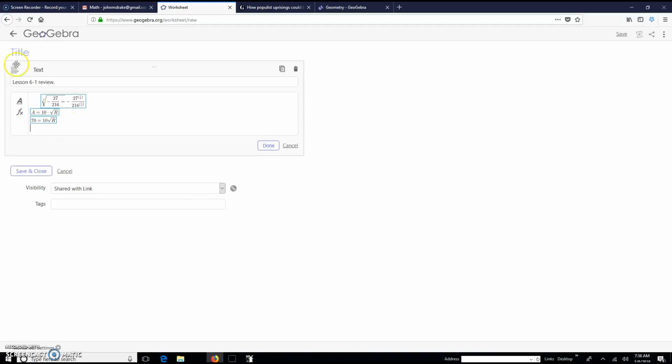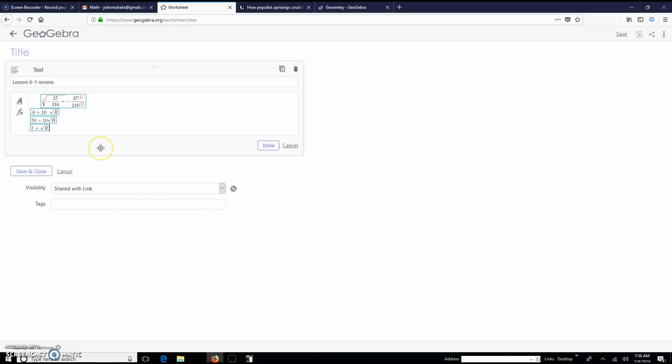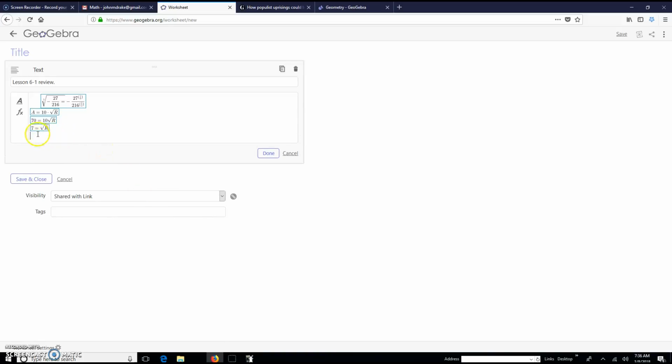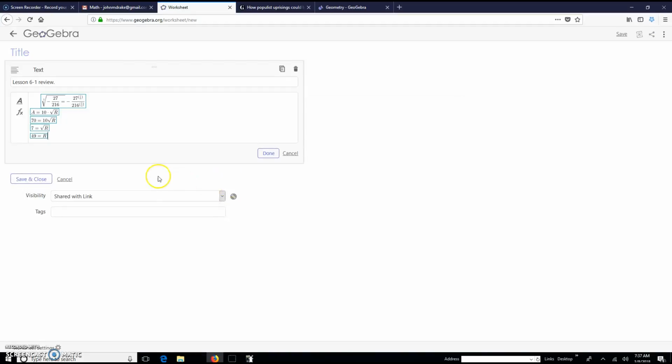And then you can divide both sides by 10. So we got 7 equals square root of R. And then square both sides. So that'll give us 49 equals R. And so we know R is equal to 49.